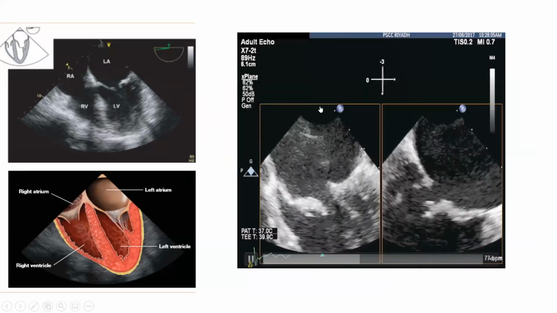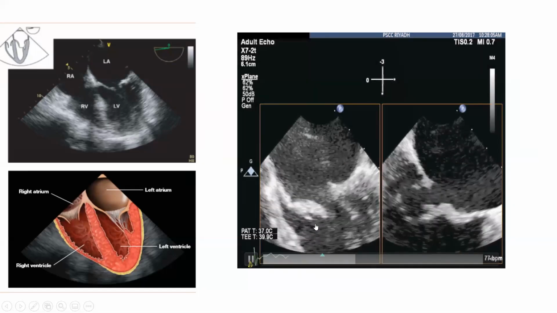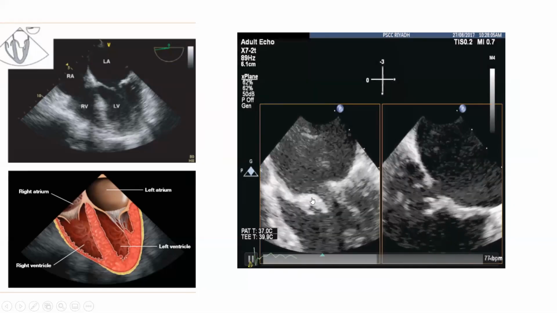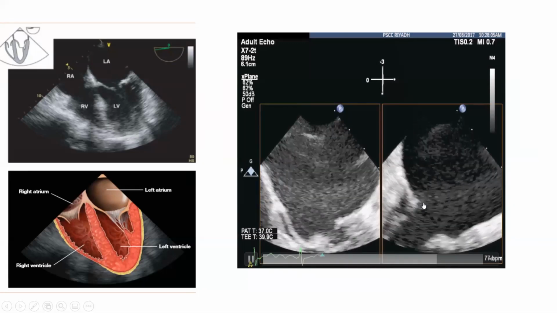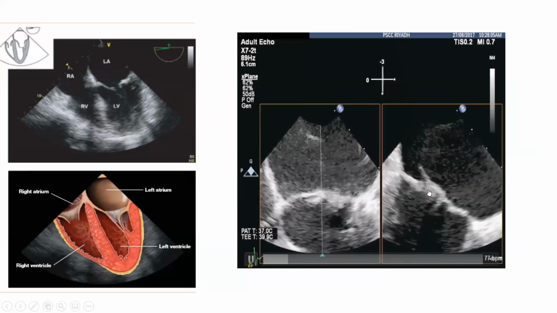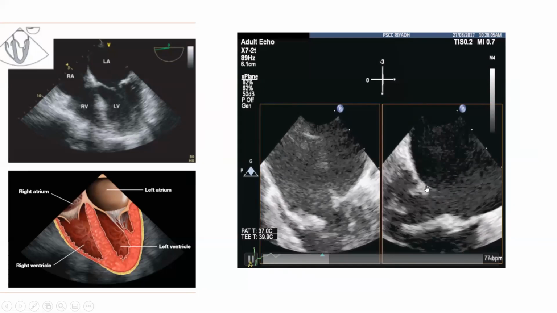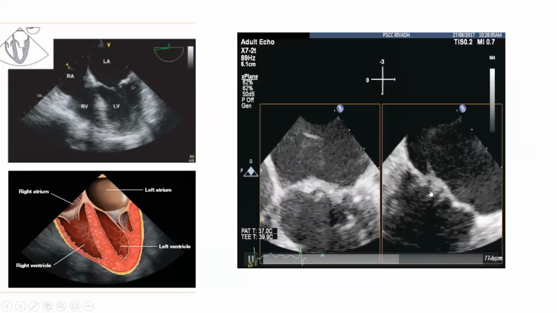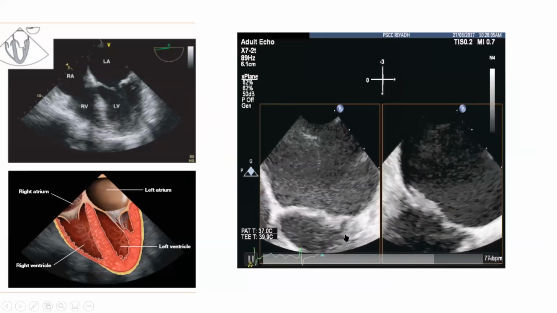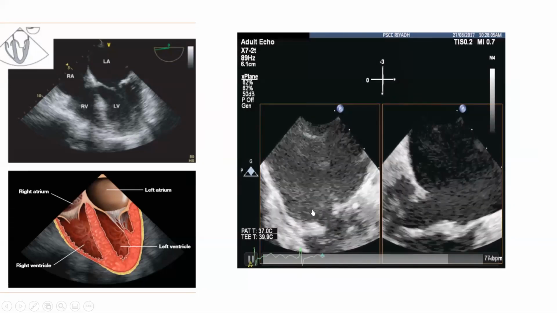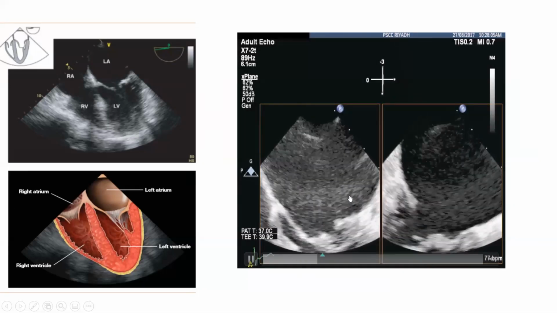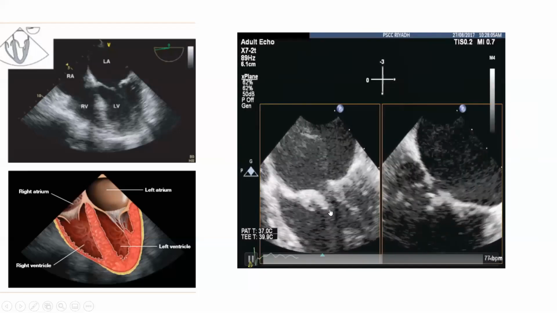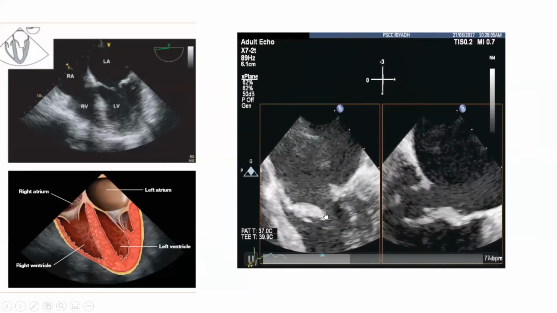Now you can see here this line crossing the anterior leaflet, and on your right side, you can see the flail segment of the anterior leaflet. This patient had a mitral valve balloon in another hospital and came with huge shortness of breath. So likely he has a rupture of the chordae.